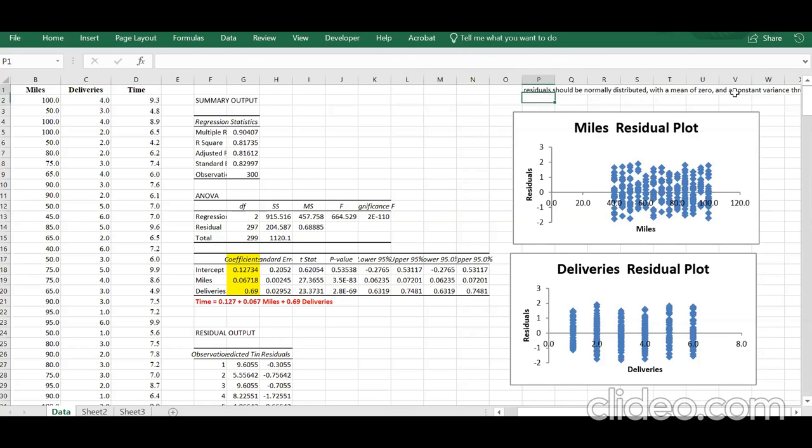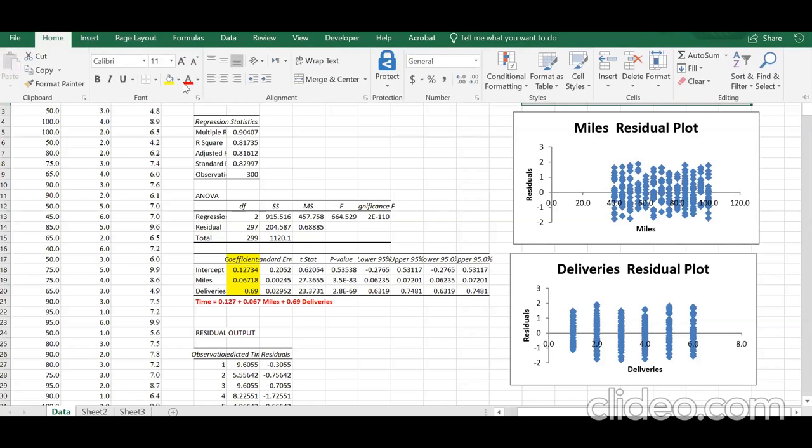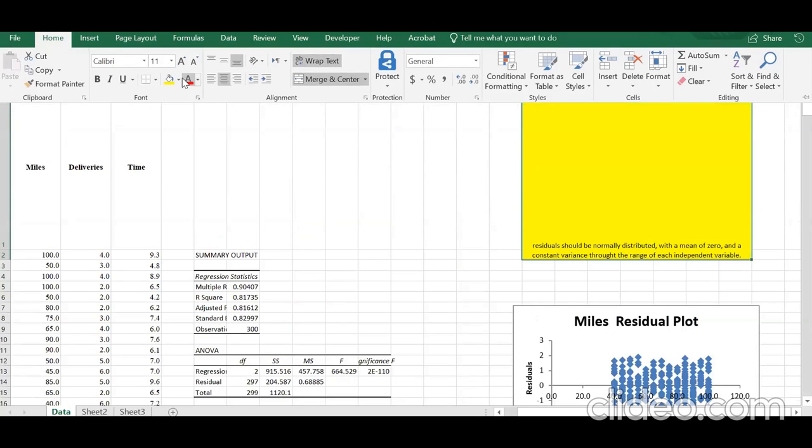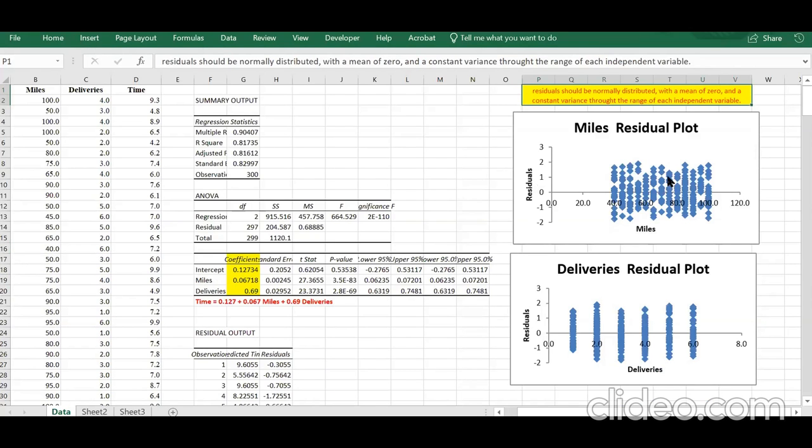All right. So now we see that almost always residuals are following the rule, following the necessary conditions.